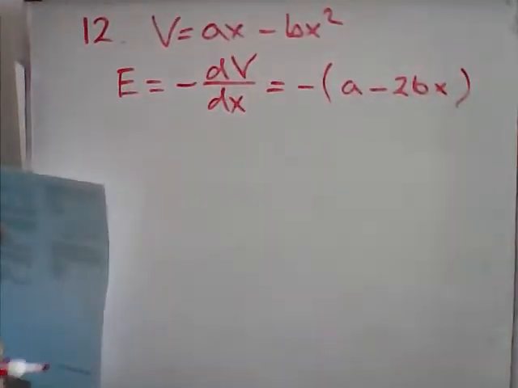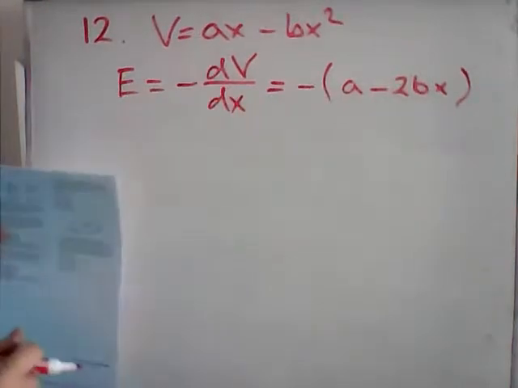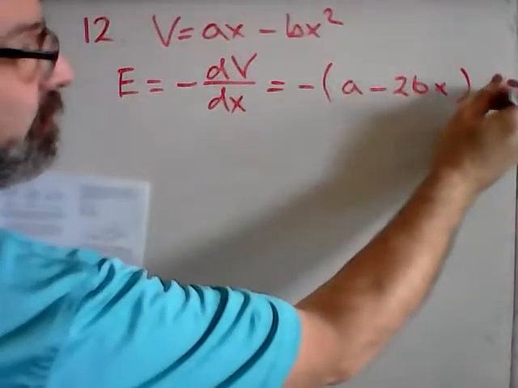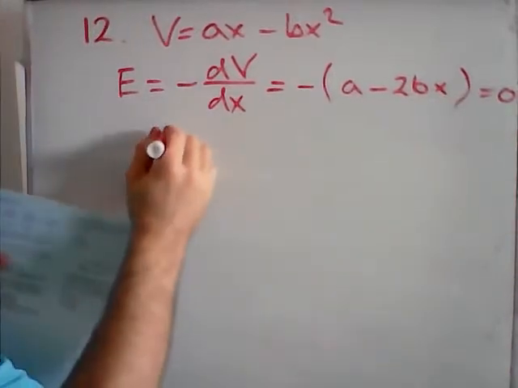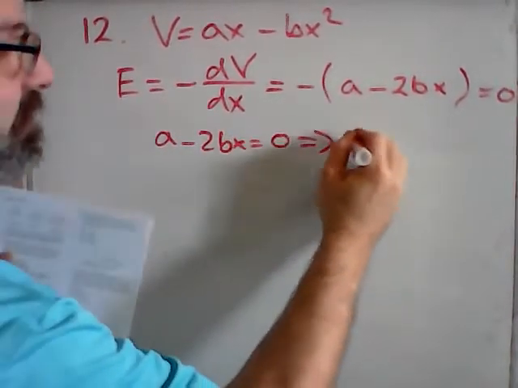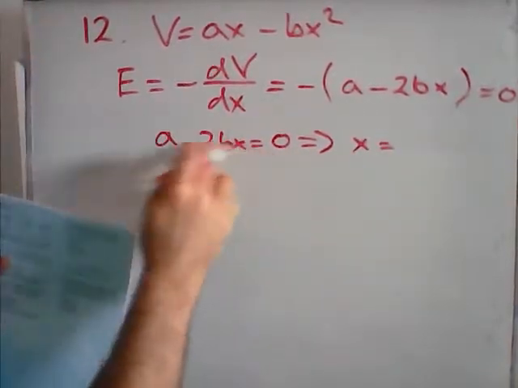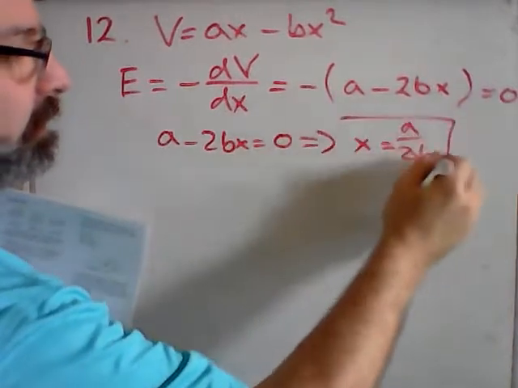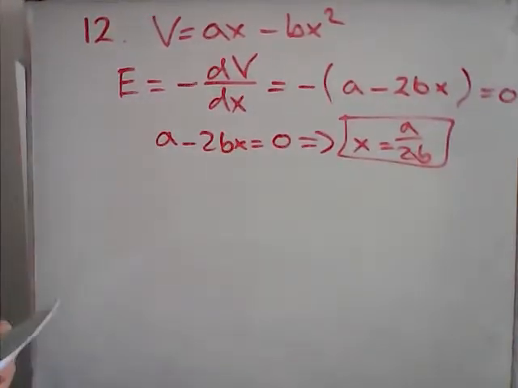That's just taking the derivative. And of course, if we want to set that equal to 0, that can only be 0 if A minus 2BX equals 0. So that means that X is going to be equal to A divided by 2B. There we go. And that is answer B.